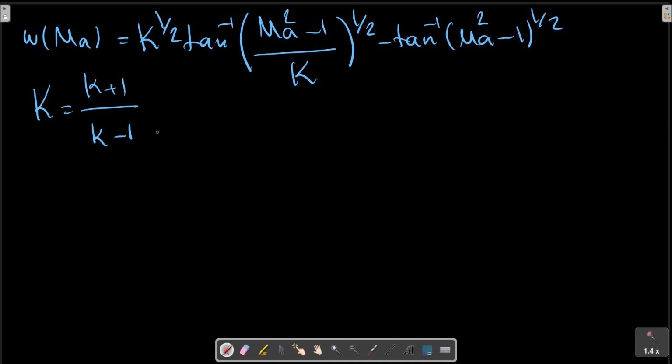The angle omega changes rapidly at first and levels off at high Mach number to a limiting value, the maximum angle of turning.